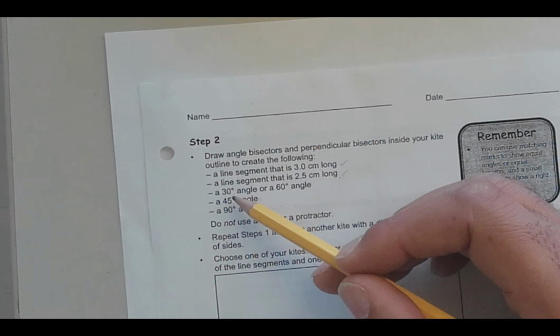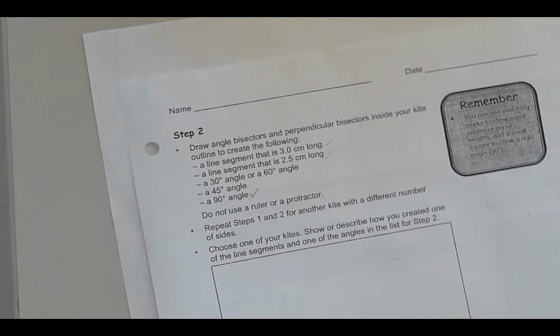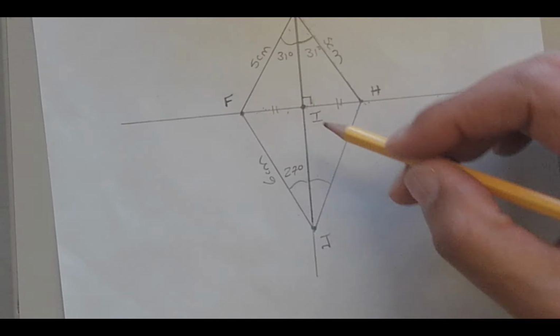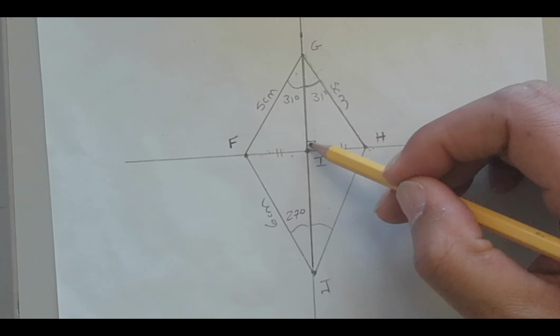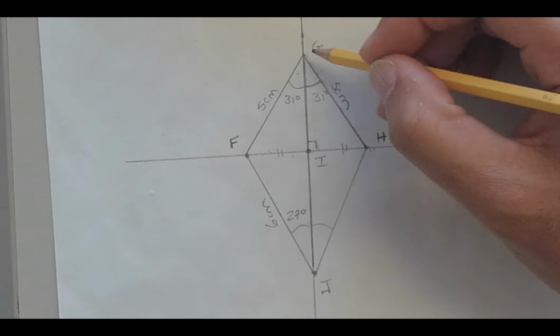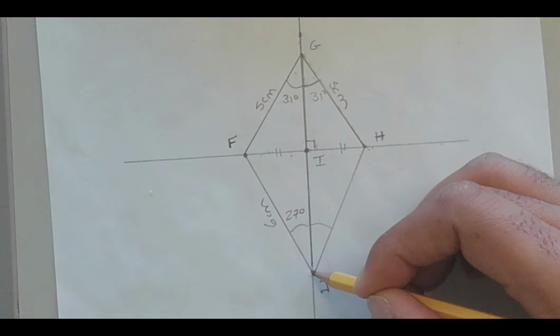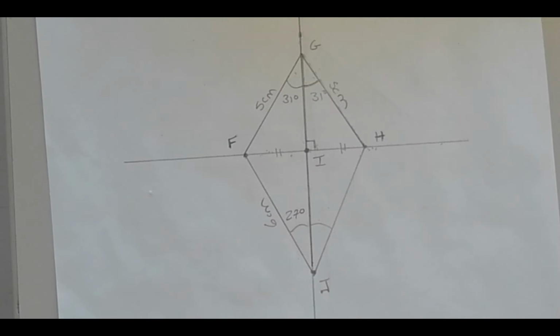So do the lengths and then maybe pick one of these angles. Definitely the 90-degree angles will always be there, because this is going to be the center of the kite, and this line will always be perpendicular. This line, or line segment GJ, will always be perpendicular to line segment FH, so it needs to be.